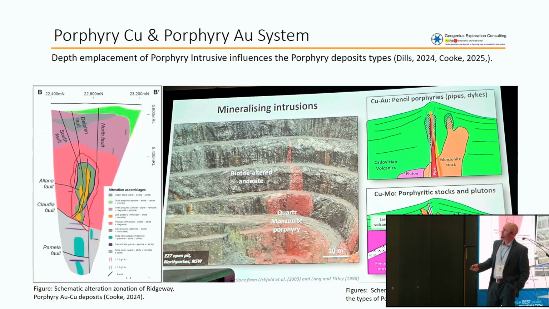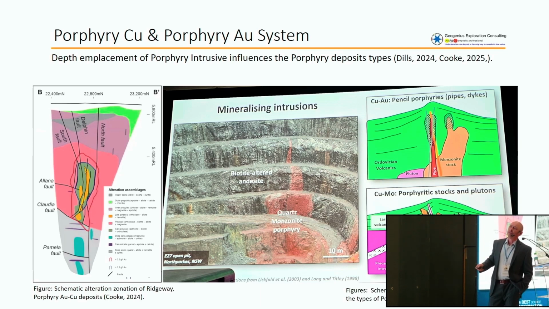And also we can talk about stock, what we don't have in the gold porphyry, and also the zonation. Here we have in blue, that's Ridgeway. That's a section from the Ridgeway gold porphyry deposit, and there's a really strong structural control in there. It was dismembered at one point, but there's a preserved part there.